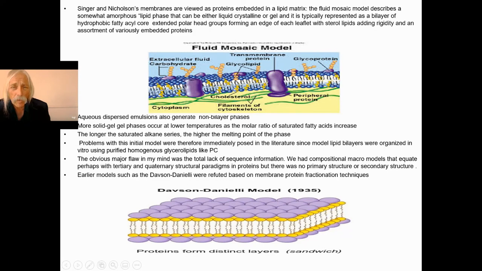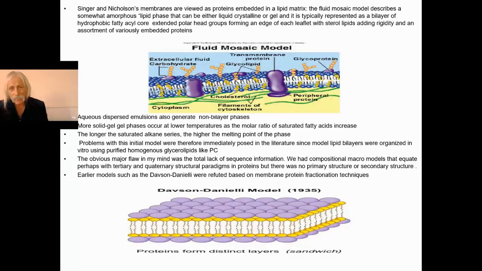And that ordering will slow down the fluidity of those long chain aliphatic hydrocarbons. And that will allow for the resolution of water channels that are dictated essentially by the interaction between the cholesterol moiety and the glycerol lipid or the sphingolipid, depending on what the composition of the membrane is.